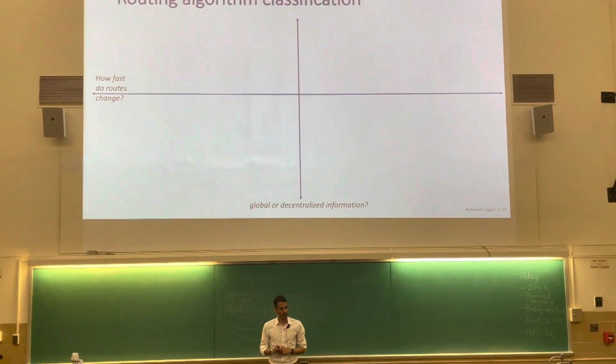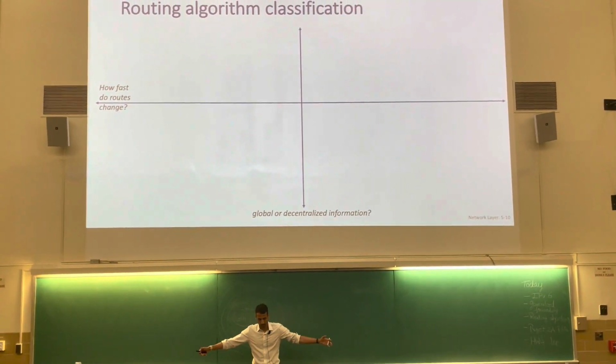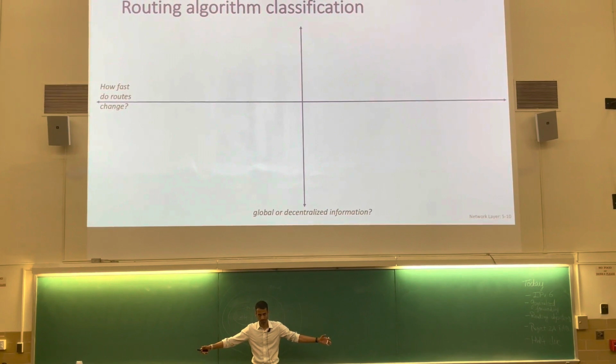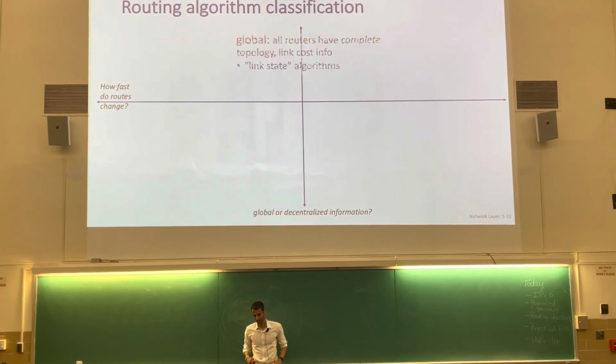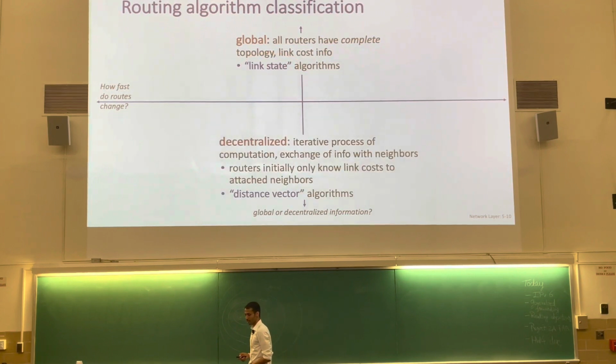A global routing algorithm is going to look at the entire picture of the graph, and it's going to make decisions over that entire graph. Decentralized does not mean distributed. All protocols are distributed in their implementation. It's a distributed system, so there's pieces of code running in different places. Decentralized is the design aspect that says that routers are aware only of their immediate neighbors.